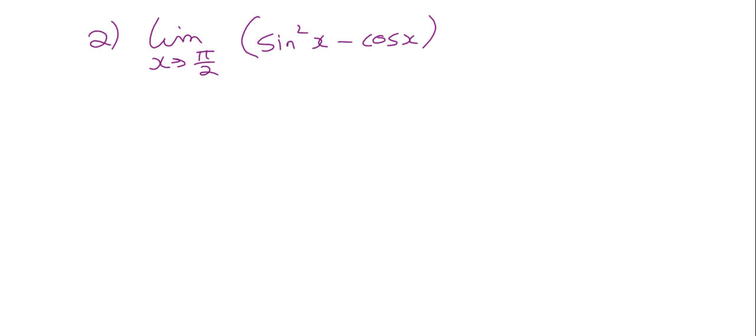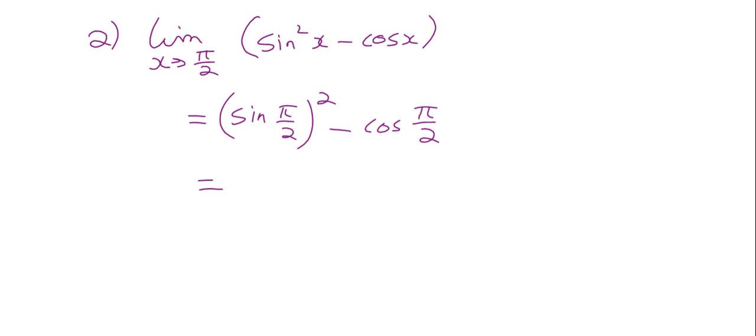The limit of a difference is the difference of the individual limits, right? And being as this is continuous, then we know that this is simply going to be equal to sine pi over 2 quantity squared minus cos pi over 2.